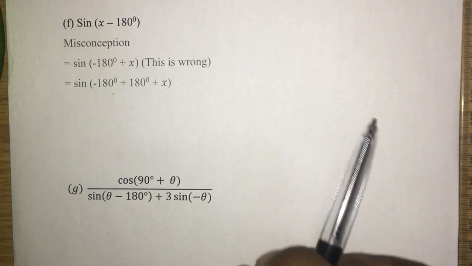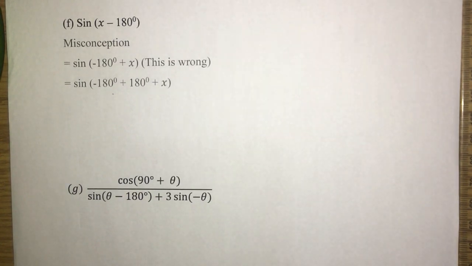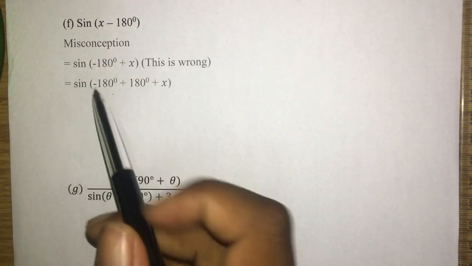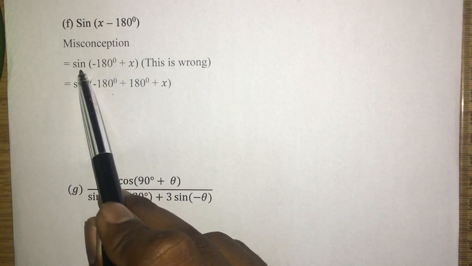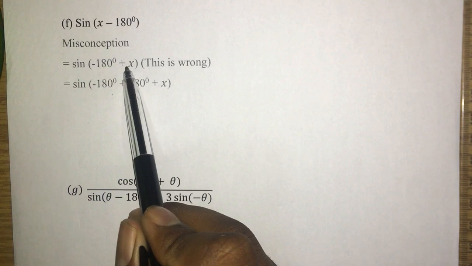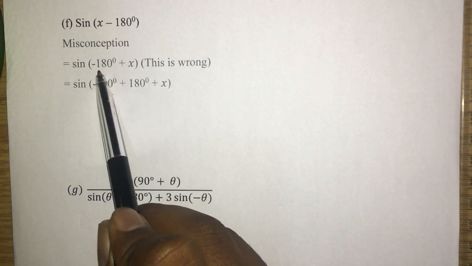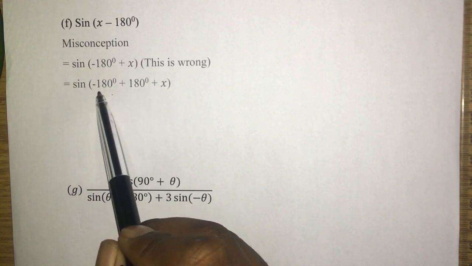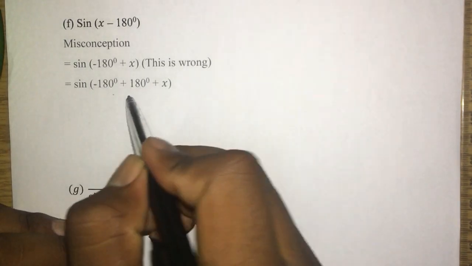So I must rearrange that in such a way that it is sine of 180, at least 180 plus or minus. Let's see some misconceptions that learners make when they tackle a question like this. Some learners can say sine of minus 180 plus x, which is correct. Then they add, what is the mistake here?